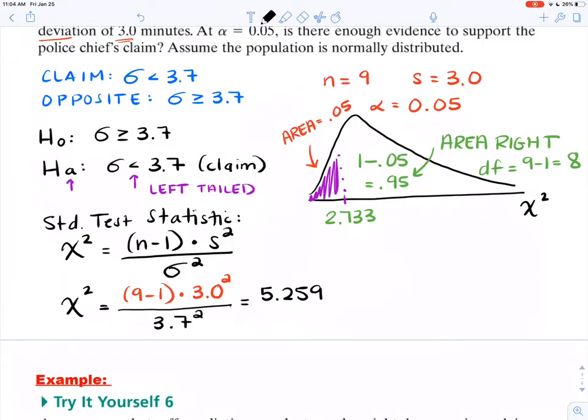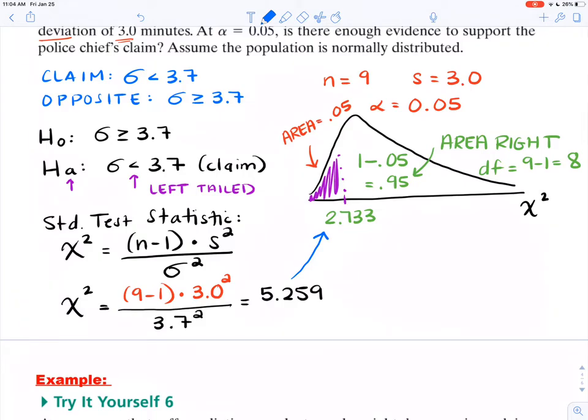All right, now, at this point, what I always do with my standardized test statistic is take it back to my rejection region and see if it falls in the shaded rejection region. You just look at this horizontal axis like a number line. My rejection region is anything to the left of 2.733, less than.